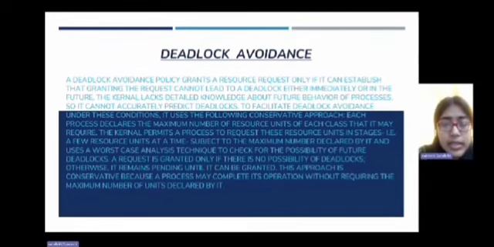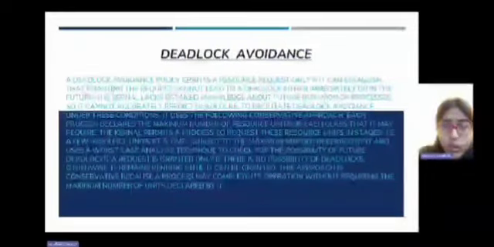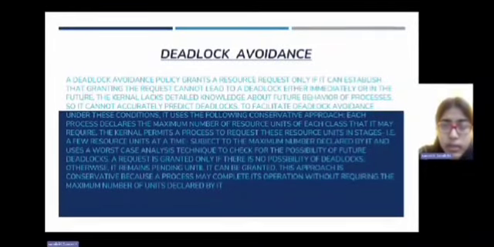The kernel lacks detailed knowledge about future behavior of the process, so it cannot accurately predict deadlocks. To facilitate deadlock avoidance under these conditions, it uses the following conservative approaches.